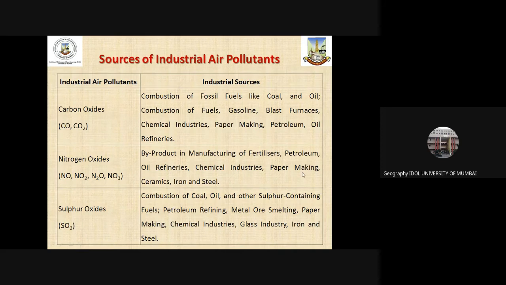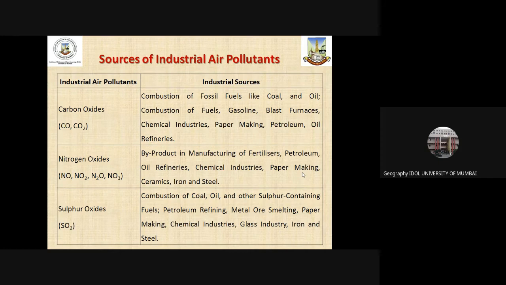These are some of the important sources of industrial pollutants, including carbon dioxide and carbon monoxide, which are released from industries where there is combustion of fossil fuels like coal and oil, combustion of fuels like gasoline, blast furnaces, chemical industries, paper making, petroleum, and oil refineries. These are the industrial segments from where carbon monoxide and carbon dioxide are being released into the air, resulting in intense air pollution.